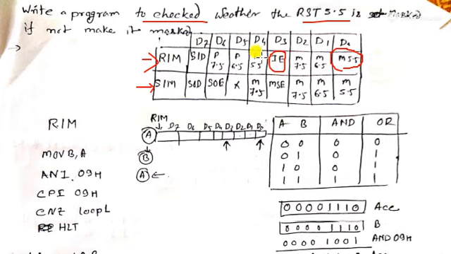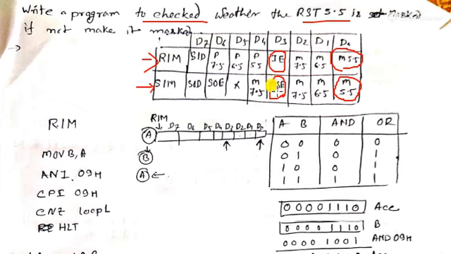And we assume that no interrupt is in pending state. So first of all, we have to check the D0 and D3 bits. After checking, if it is not masked, then we have to set those two bit positions, D0 and D3 bit.